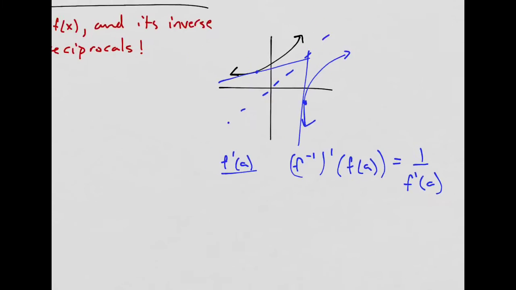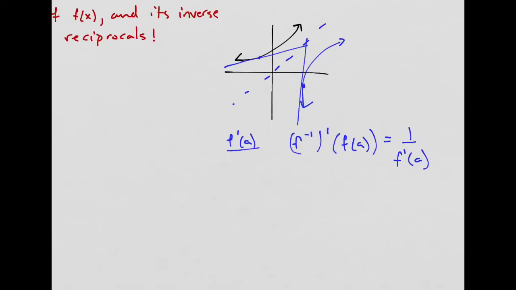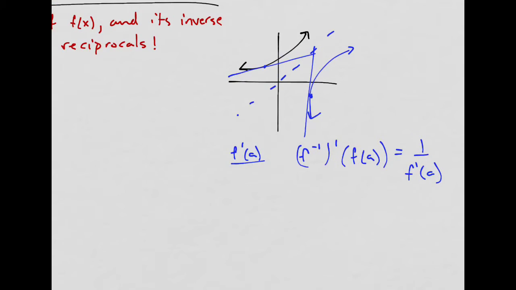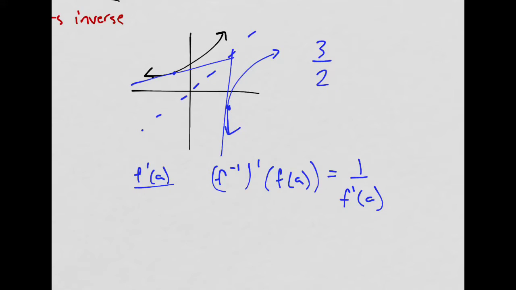That might be a little confusing, but all I'm saying is, if you want the slope at the corresponding point for the inverse, you just flip it over. If the slope was 3 over 2, the other one will be 2 over 3. You don't make it negative. That's for perpendicular slopes.